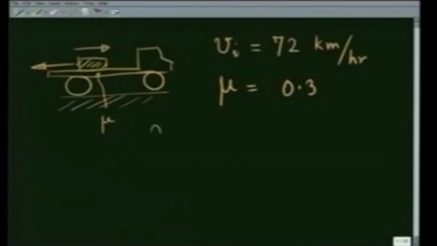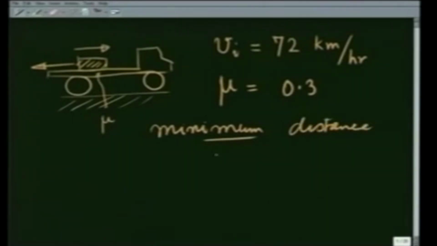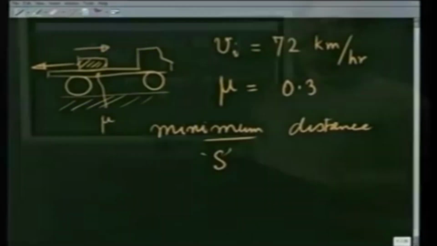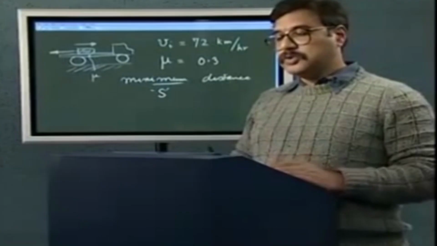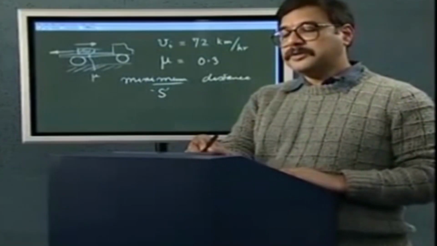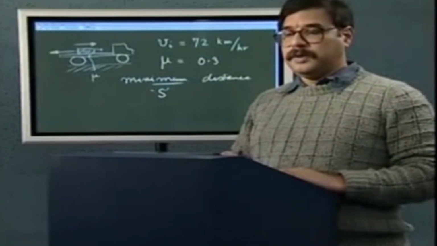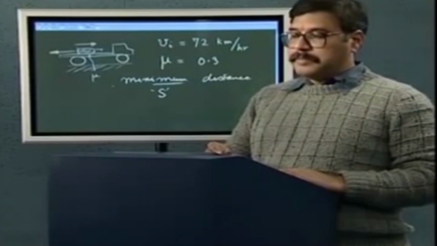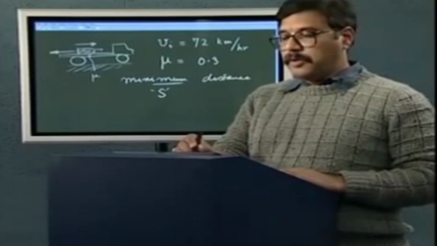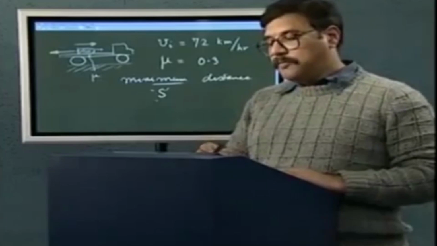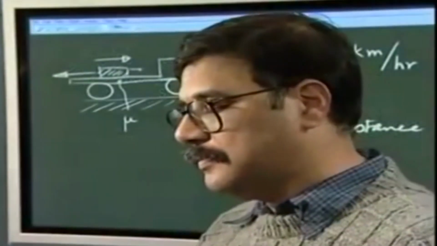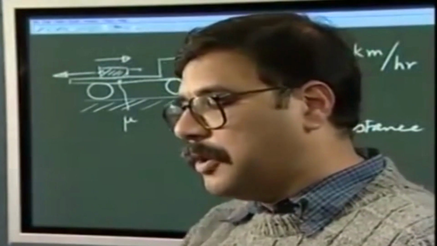What is the minimum distance s over which the truck should stop if it uniformly decelerates so that the box doesn't move? To repeat, I am braking and I want the truck to stop. I want to find the minimum distance s so that the box doesn't move.